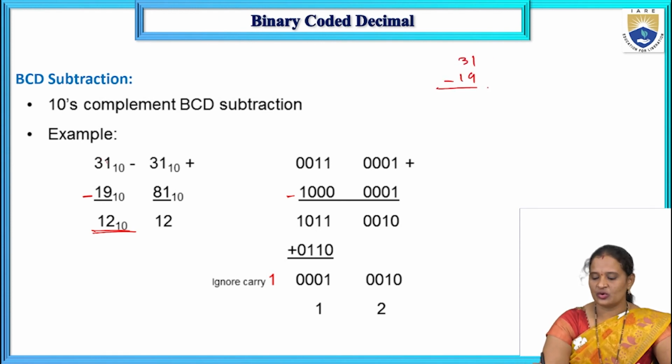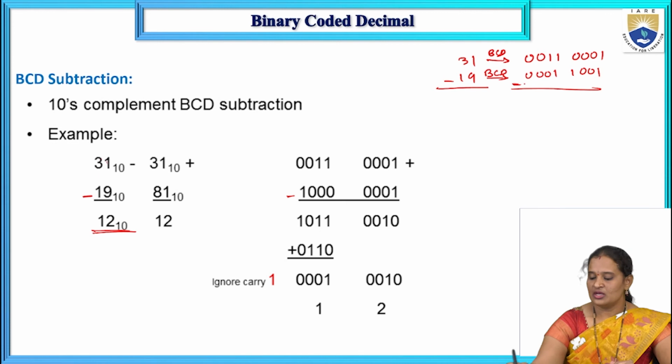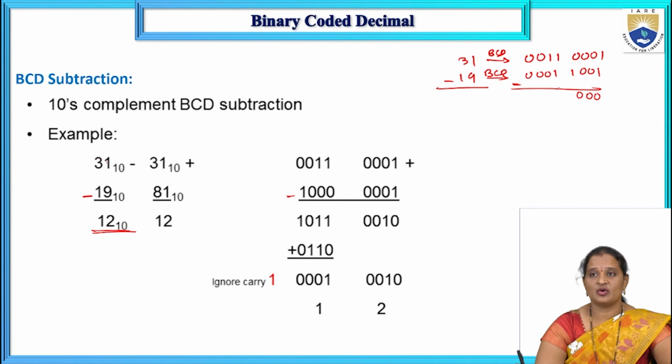31, 19. Now I'm writing the BCD code for this, and for this one also. 0011 0001, 0001 1001. Now I'm performing the subtraction here. 1 minus 1 is 0, 0, 0, and 0 minus 1. Is it possible?